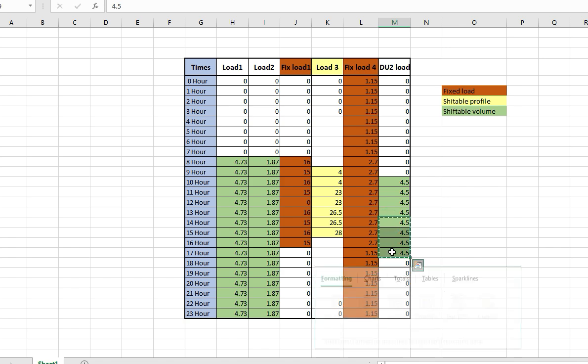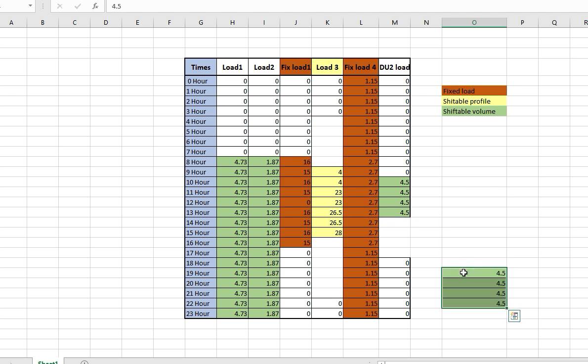So if I move it and we are at this 20th hour, the 19th hour means at this point or below this point. So we are at this hour, and we have just operated this load for 4 hours.